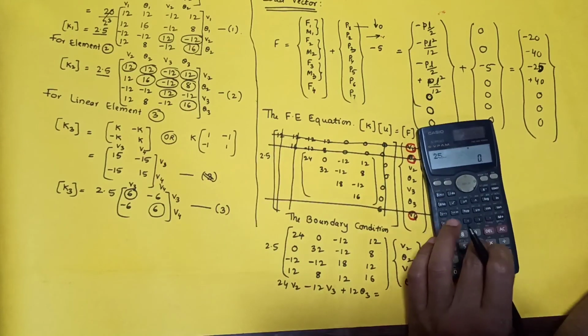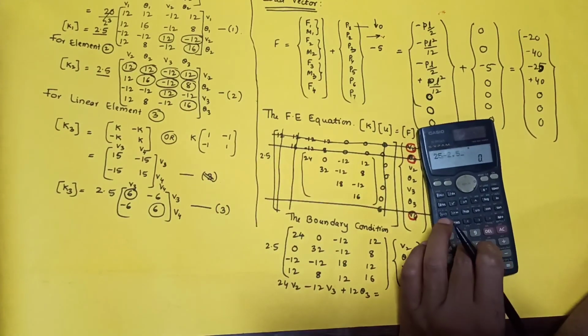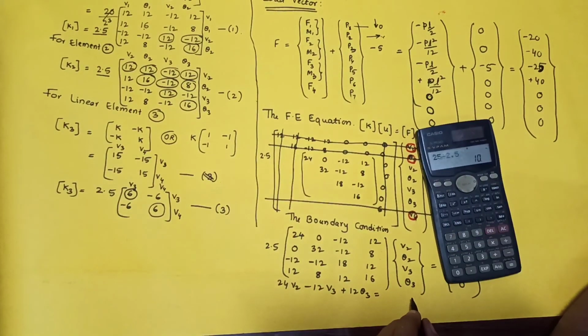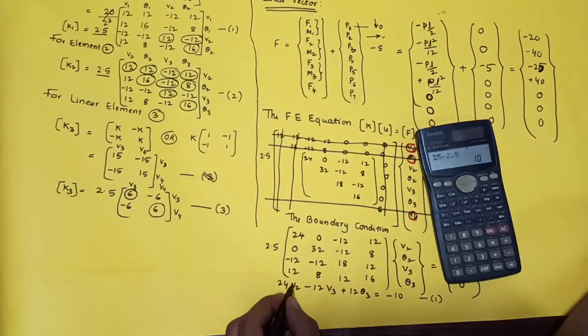So 25 by 2.5 you will get 10, so minus 10. This is equation number 1. Like that you write all the four equations: 1, 2, 3, 4.